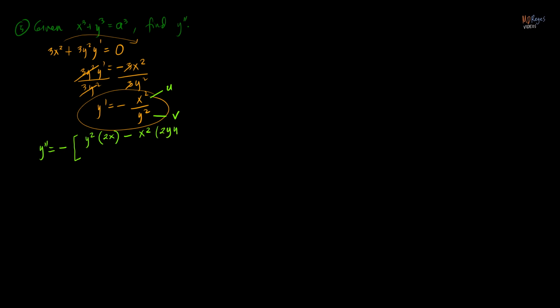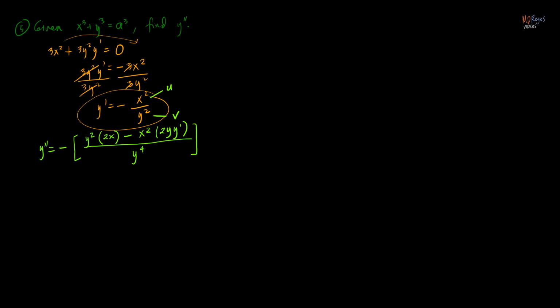So that's 2y y prime. In implicit differentiation, whenever you differentiate an expression involving y, you'll always get y prime. So all over y squared squared, or that's y to the fourth.